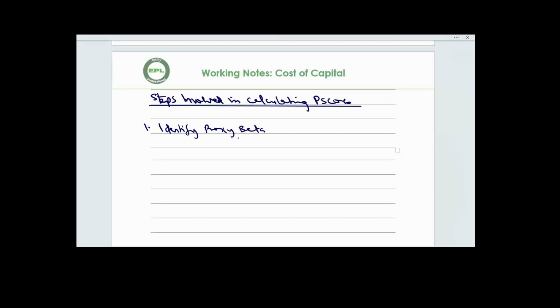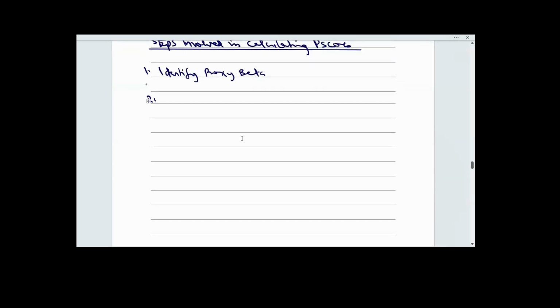So keep it on one side. Then step 2. The step 2 you are going to carry out is to ungear the beta in step 1, if geared.